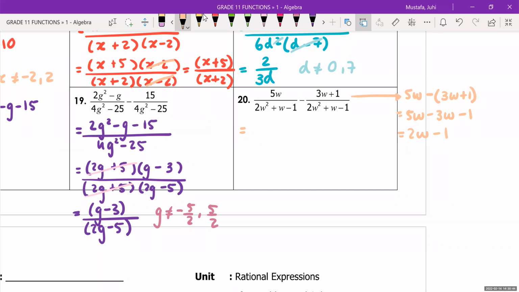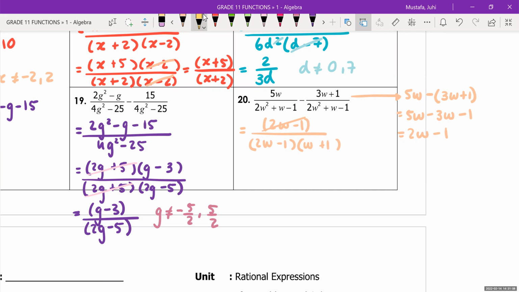Okay, so our numerator is now 2w minus 1, and we can actually factor the denominator directly because it doesn't need to be rearranged. So 2w minus 1, it is a complex trinomial. So it'll be 2w and w plus 1 minus 1.